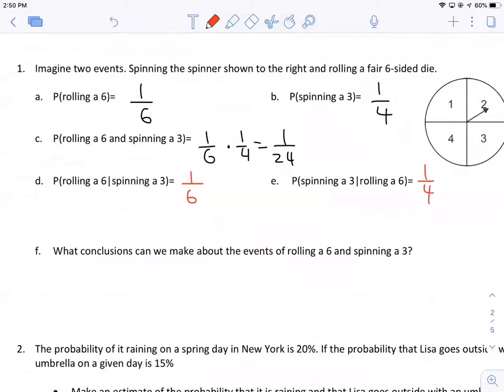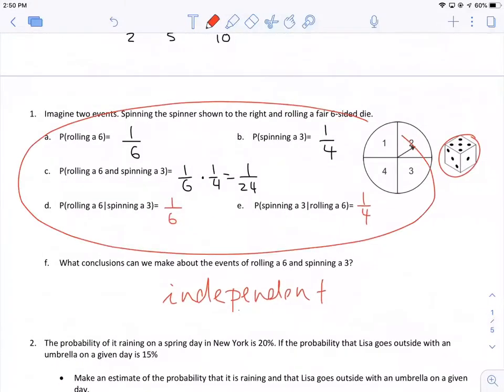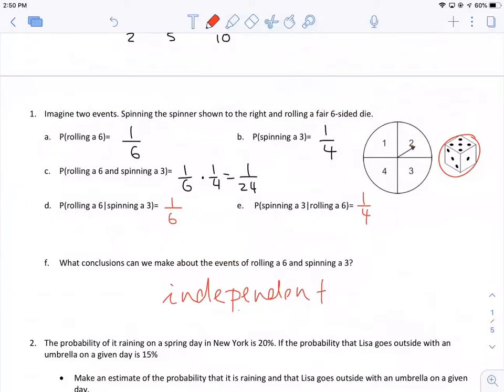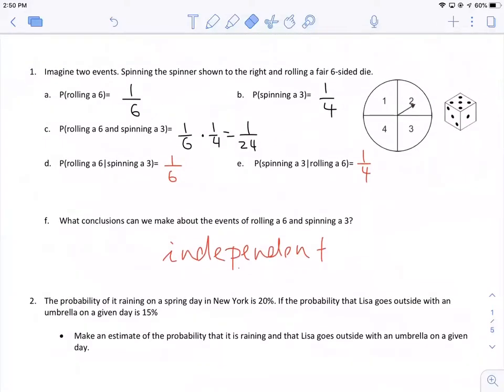And because one event did not affect the other event, we can say that these events are independent, right? So up above here, that is how things behave when they are independent, right? When events are dependent, it gets a little bit trickier, and there's more things we need to consider, right?